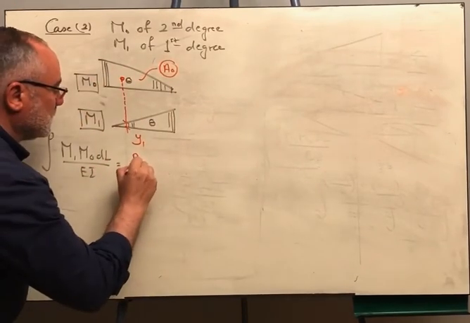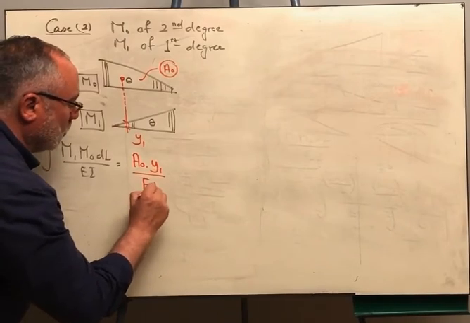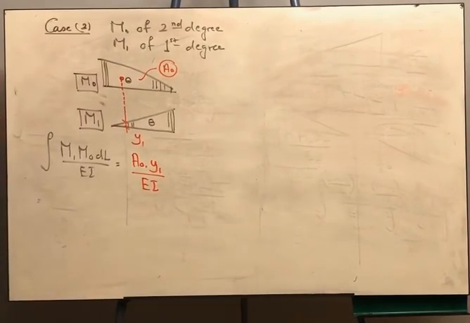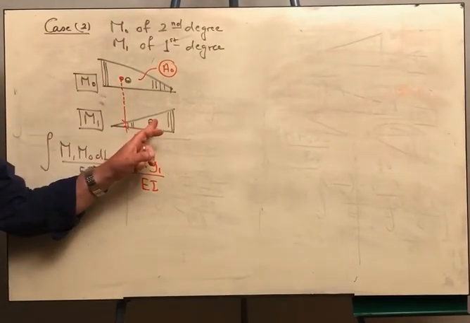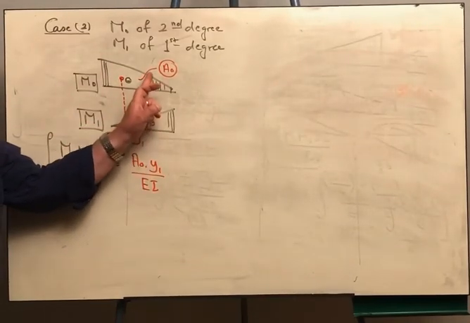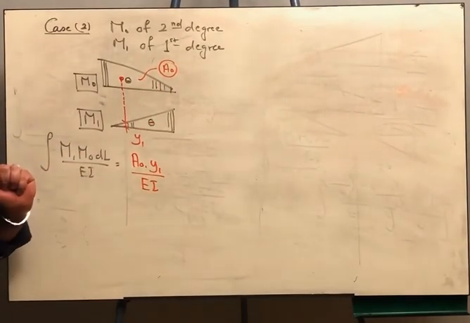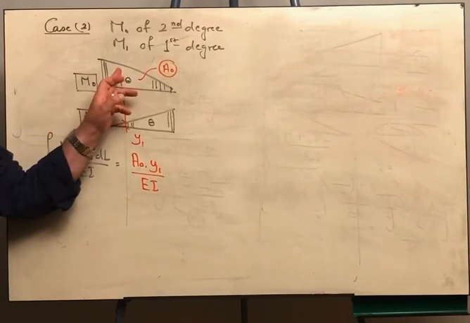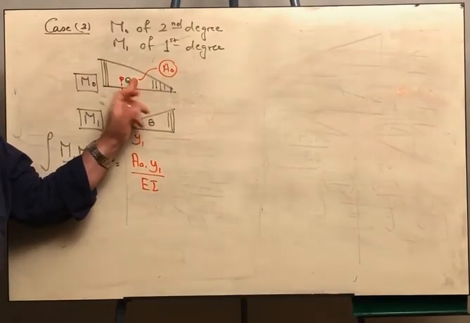So this means that the result here will be A naught multiplied by y1 over EI. Now you cannot go the other way around. You cannot take the area of this diagram and multiply by the ordinate corresponding to the centroid of M1 diagram. As long as this is of the second degree, you have to start by calculating the area of that one.